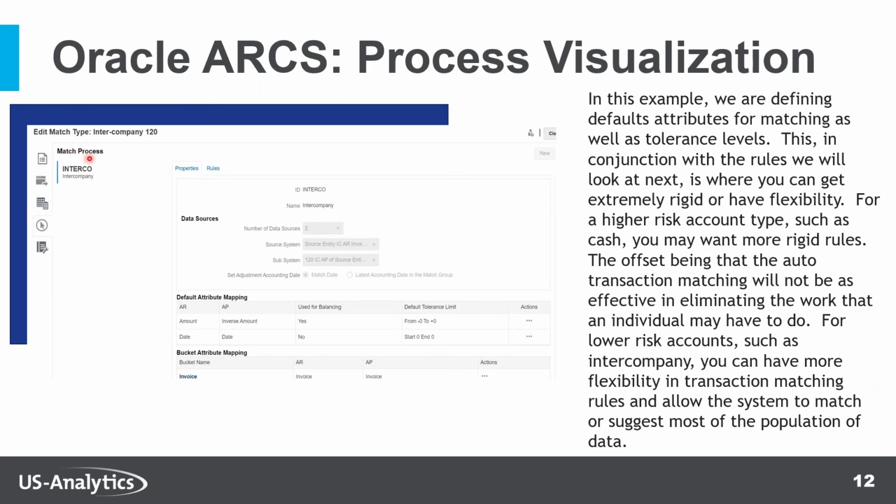Here we're moving on to the matching process of the profile. In this intercompany example, we're defining the default attributes for matching as well as our tolerance levels. Basically your default attribute mappings and your tolerance level define how flexible or how rigid you want to be in your rules.